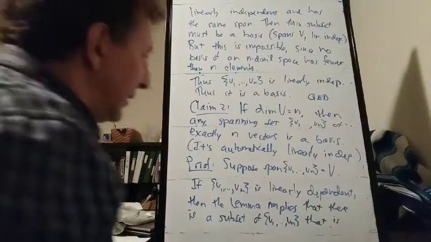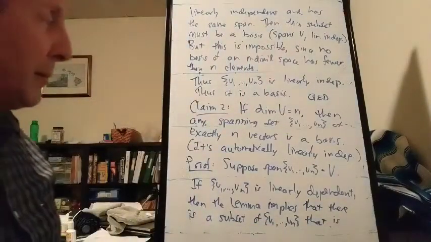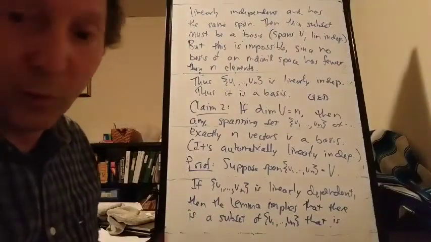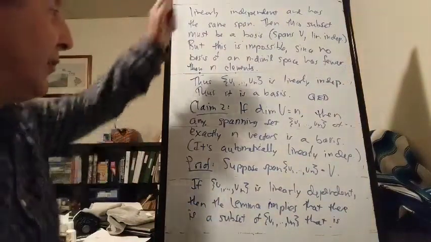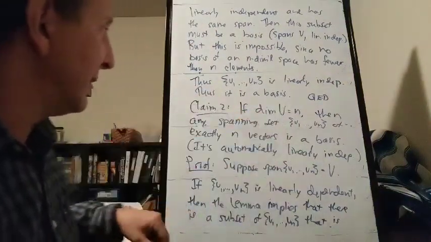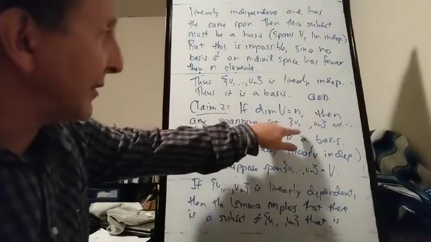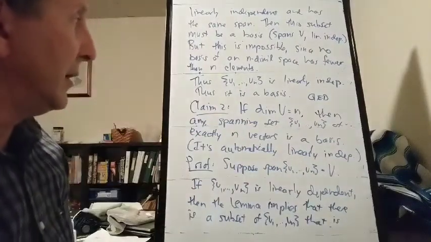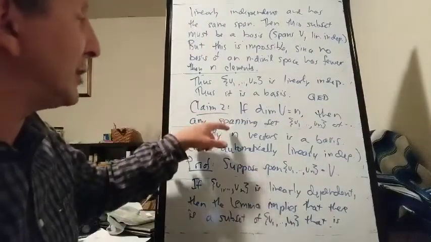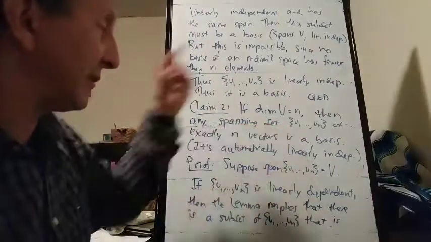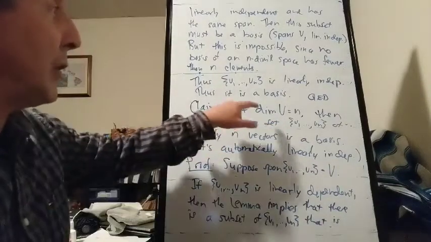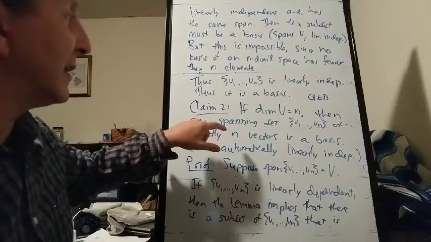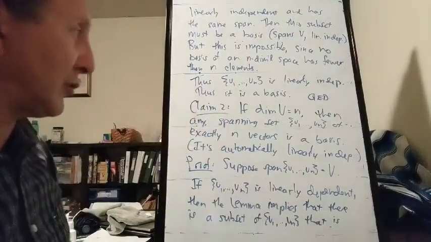So again, the two important results to remember, the two results that are more important than the lemma, are that if we know the dimension of the space is n, then any spanning set of size n has to be a basis, and any linearly independent set of size n has to be a basis. So knowing the dimension is n gets us off the hook for having to check two properties.